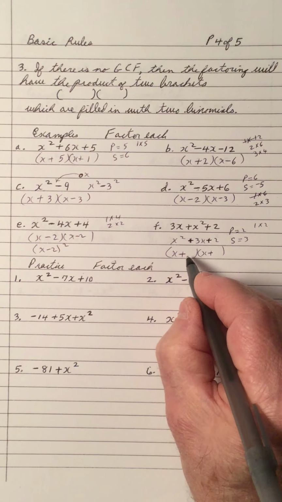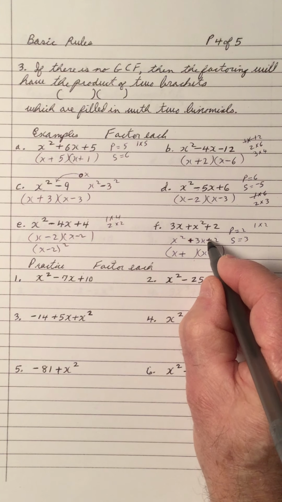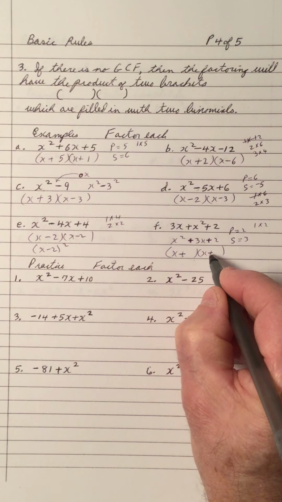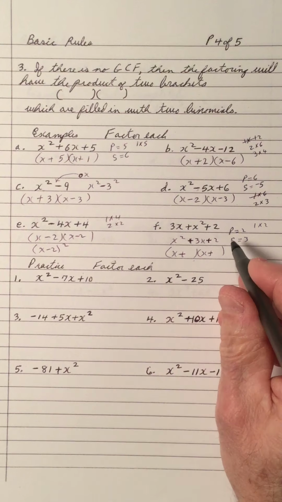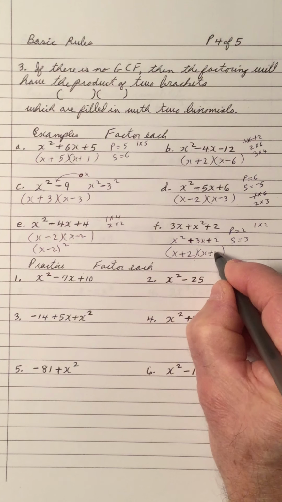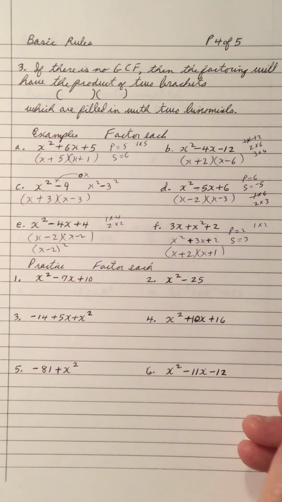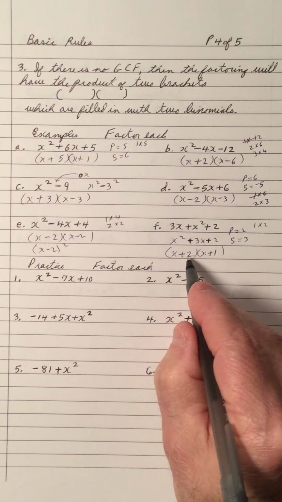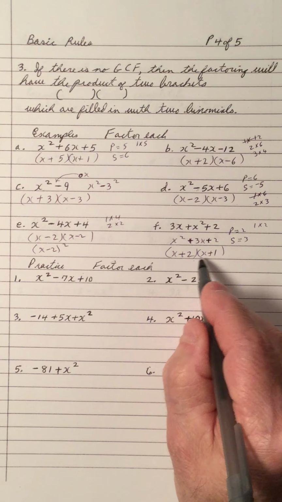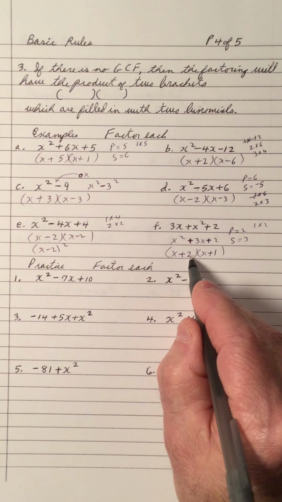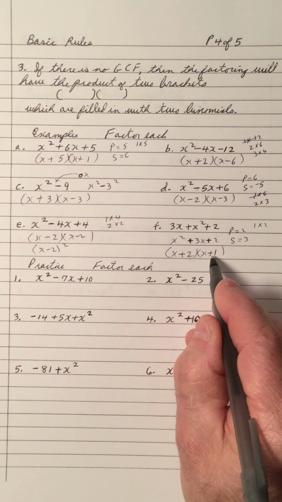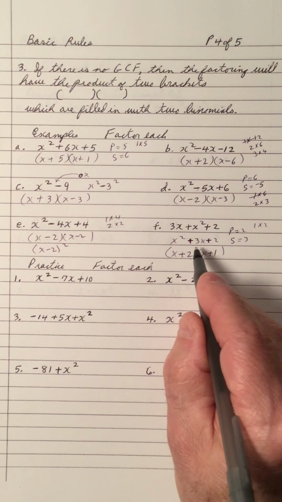Positive times positive is positive. Positive added to a positive is a positive. And the factors of 2 are 2 and 1, the only numbers that can work. They add up to give you the 3. Notice those two numbers multiply to give you 2. And if you add them together, 2 and 1 gives you 3.